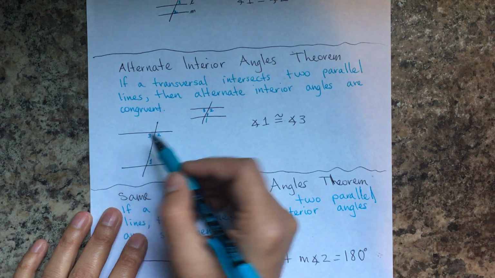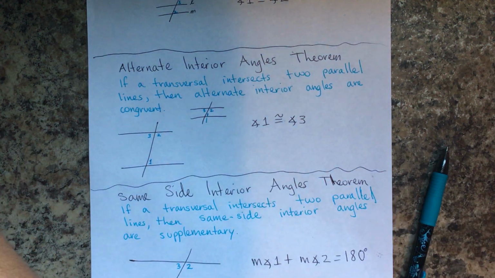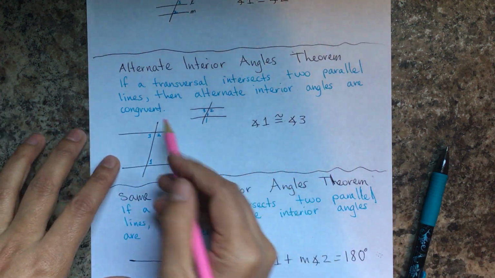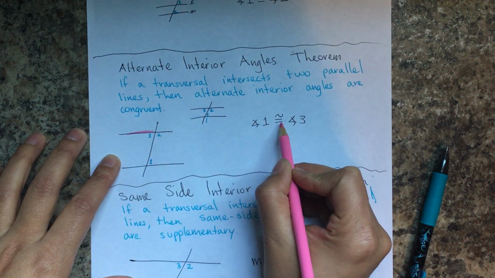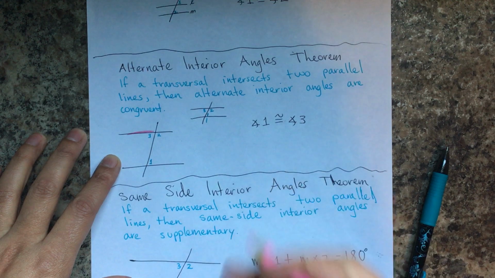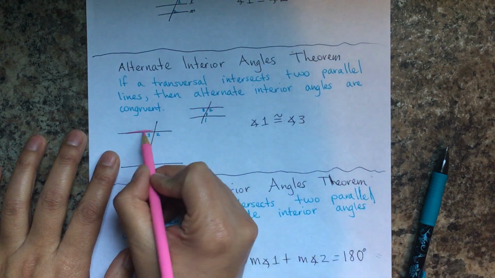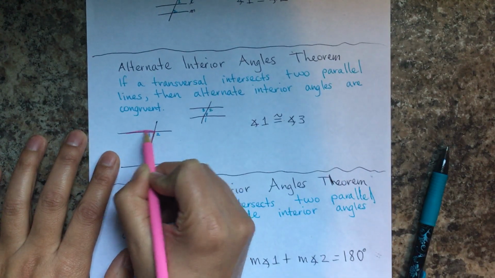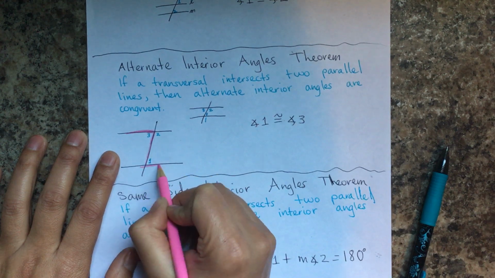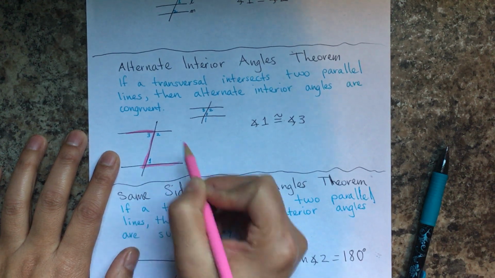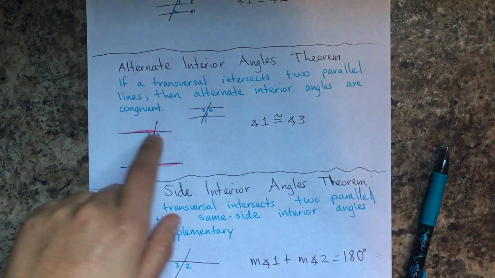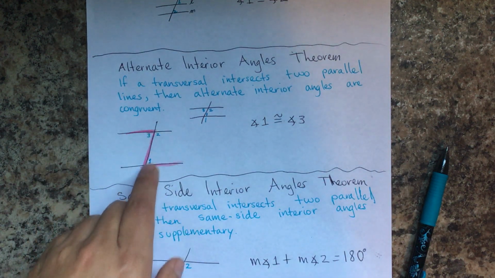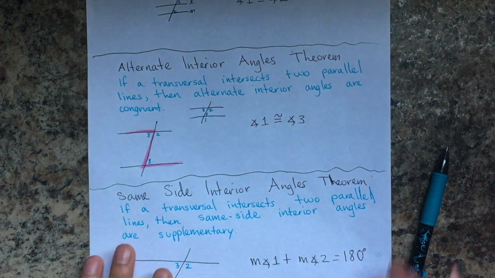Basically, I always say that these type of angles form like a Z. If you notice, in here it says that angle 1 is congruent to angle 3. Those are the alternate interior angles. So this is angle 3, this is angle 1, and if you extend them, they form the letter Z. Sometimes it's going to be backwards, but it's still the same shape.